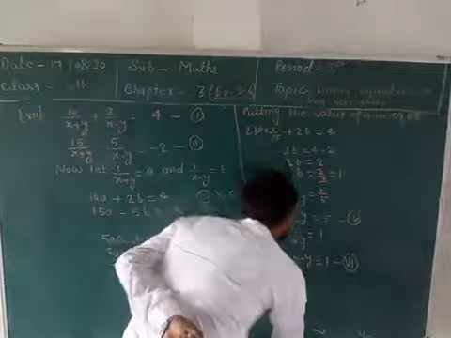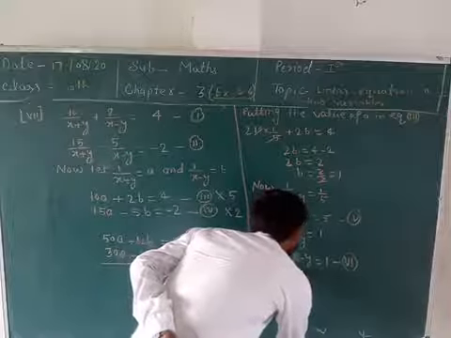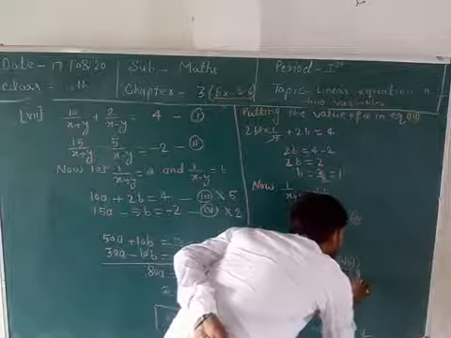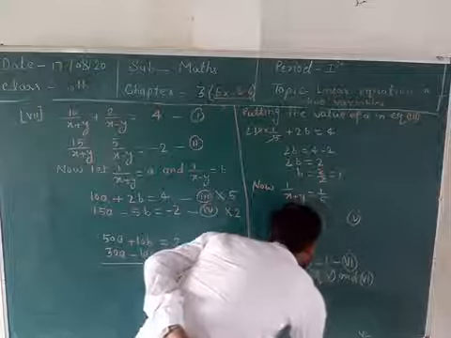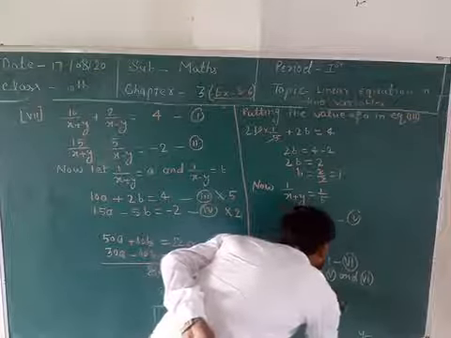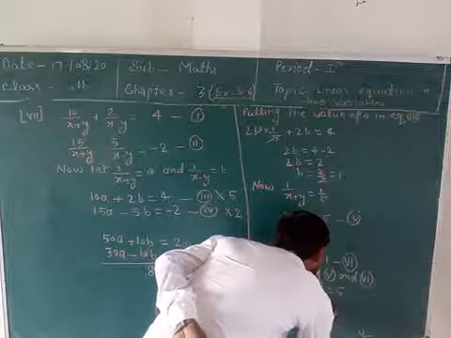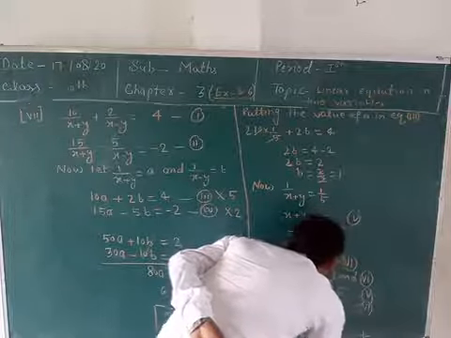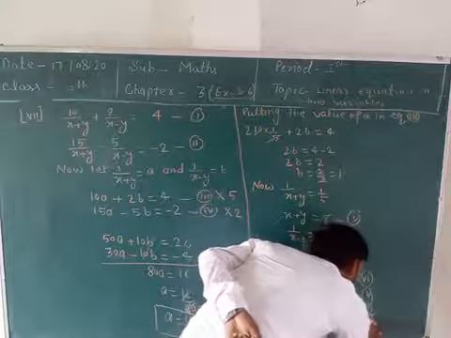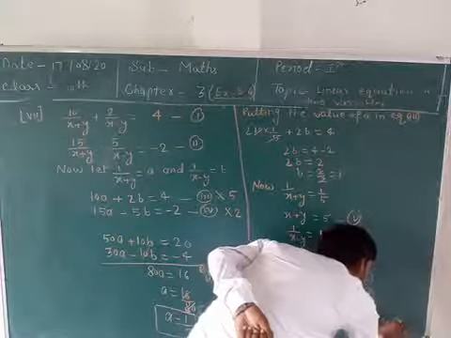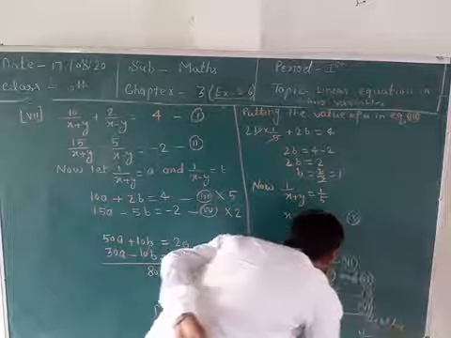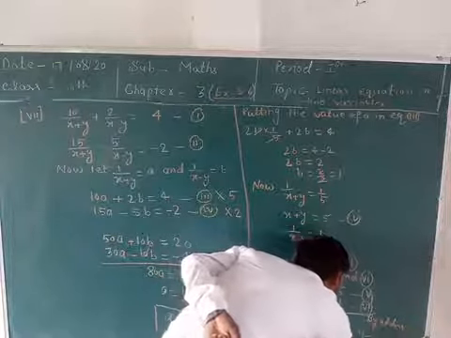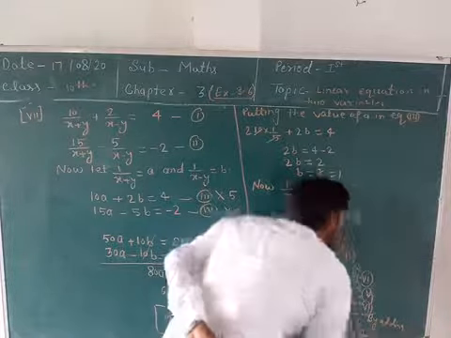From equation number 5 and 6, x plus y equal to 5 and x minus y equal to 1. Then by adding, we have 2x equal to 6, then x equal to 6 upon 2 equal to 3.